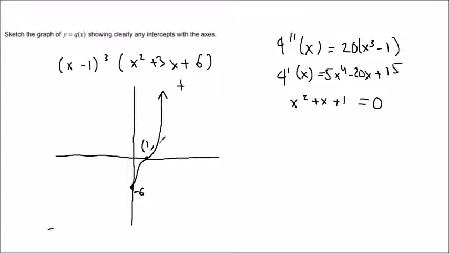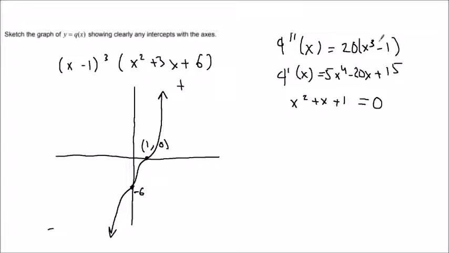This is 1, 0. And there are probably some weird things happening right here that I don't know about. But I know that it's a negative concavity here, so it's just going to go down like this. Is it a positive concavity at 0?